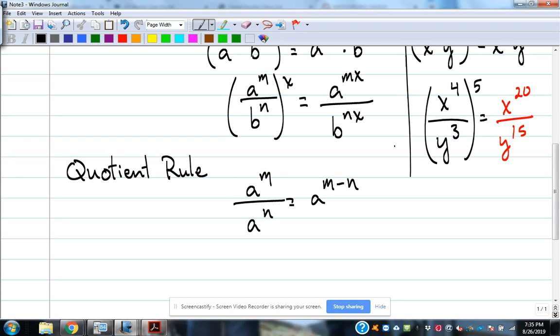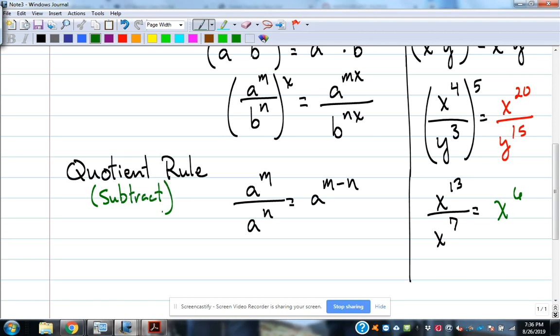The bases have to be the same for that to happen. So an example of that might be x to the 13th over x to the 7th. The answer to that would be x to the 13 minus 7, which is x to the 6th. So the subtract is the rule for that one.